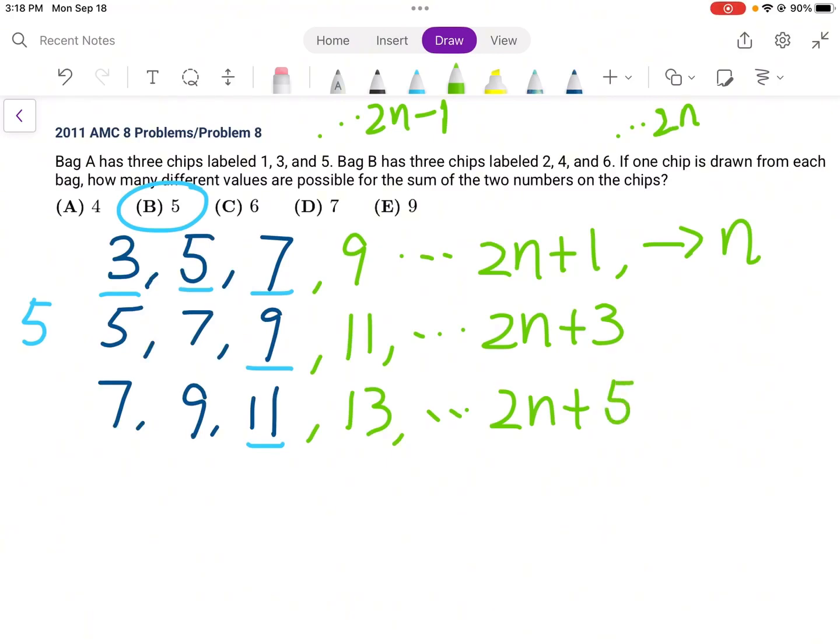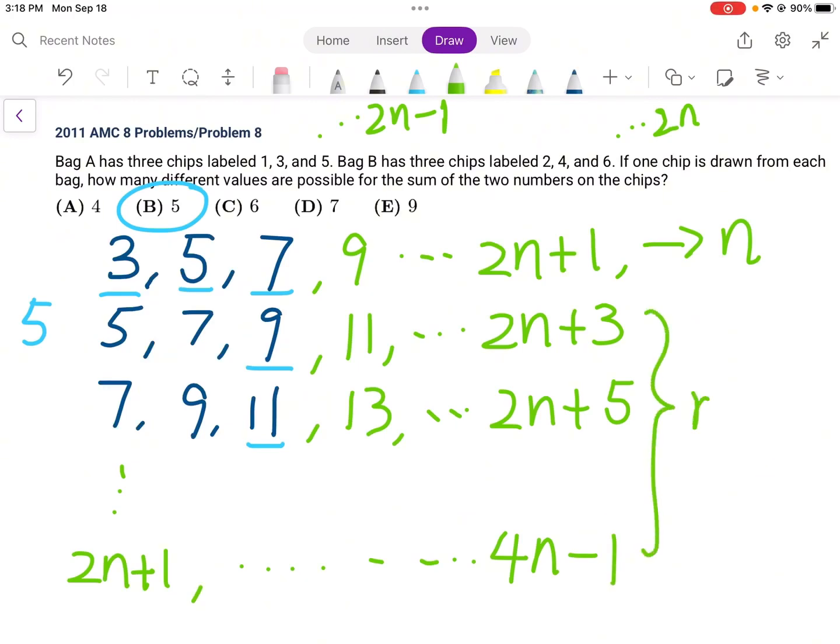Until the last row, where the first will be 2n subtract 1 plus 2. That's 2n plus 1, until the last number, whose sum is 4n subtract 1. And this will be n subtract 1 rows.